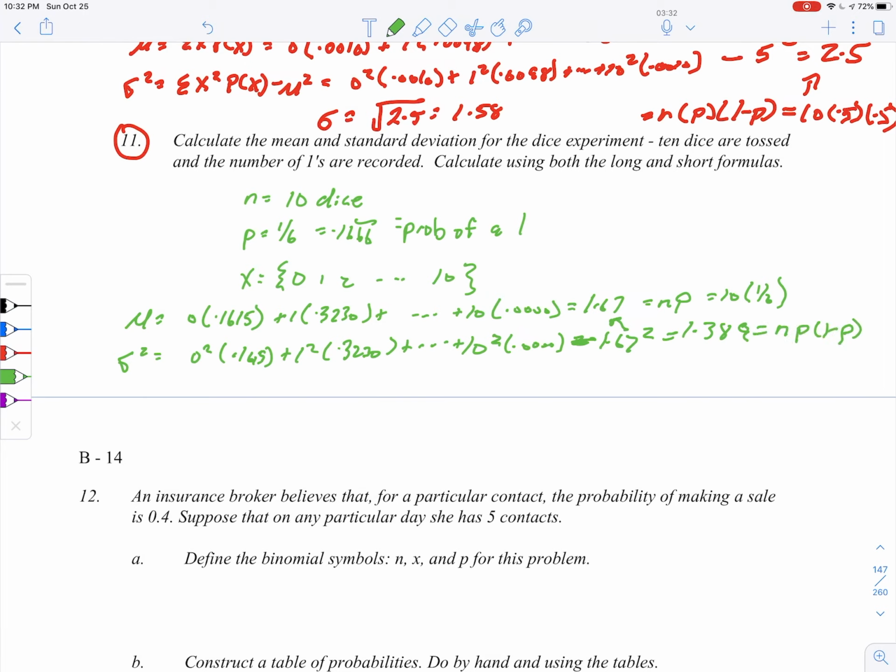So that's equal to 10 times 1/6 times 5/6. And then the square root of 1.389 is equal to 1.18. So there's your standard deviation right there.